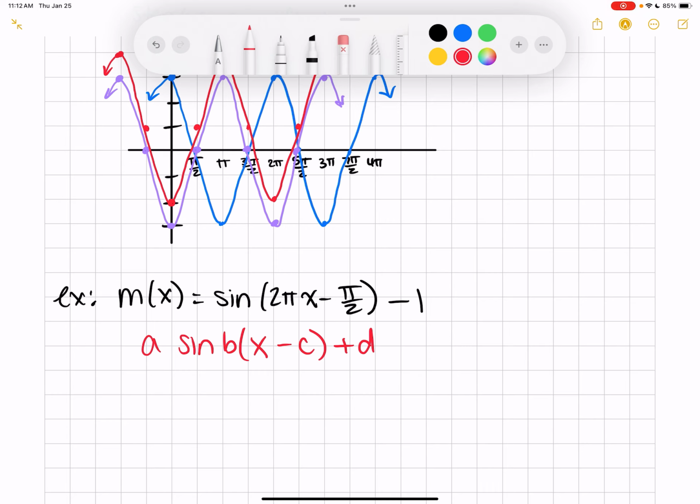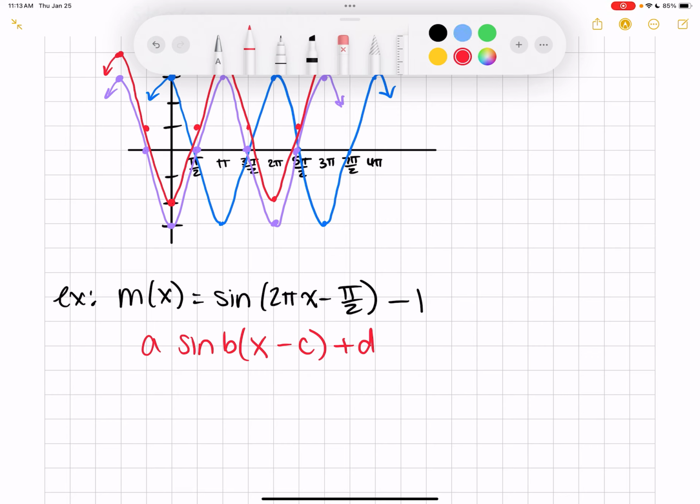So we need to take out a 2 pi from this parentheses, is what they say we need to do. I do remember having to do that when I was in high school, but the way our book writes the formula is different from the way this one writes it. I think they write it this way because they want you to see that there needs to be a 1 there.